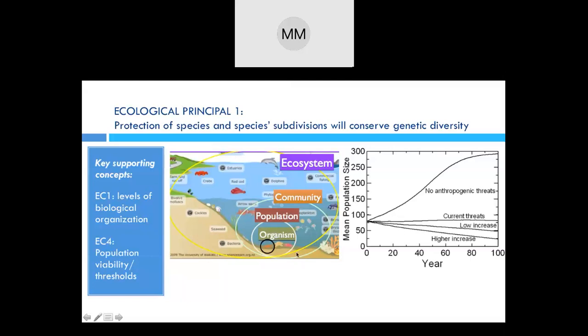Okay, so in most instances, managing for genetic diversity directly is impractical and difficult to implement. Yes, if you want to look at genetic diversity and manage it at lab scale, it's always very easy. But when you're talking about ecosystems, especially ecosystems that are ever changing, it's always more difficult.